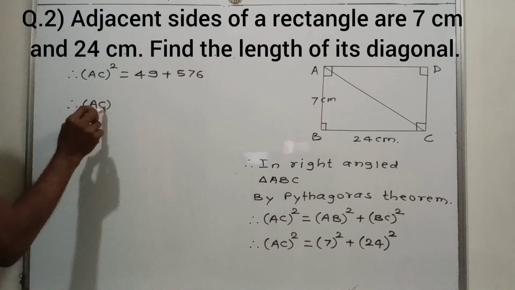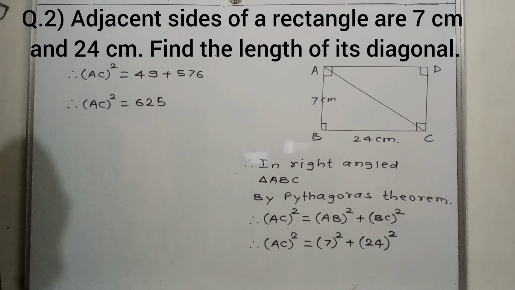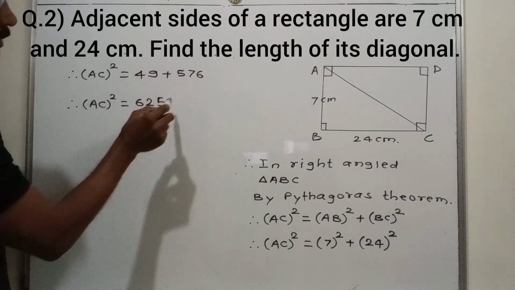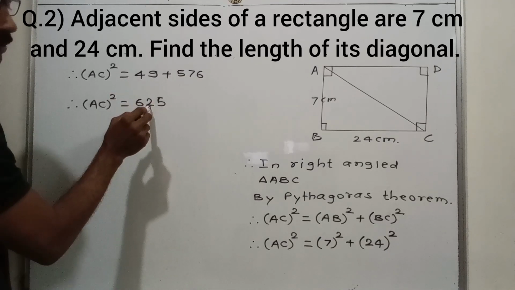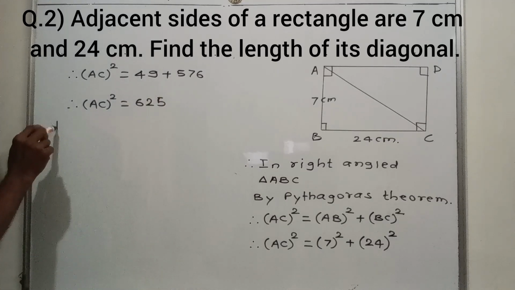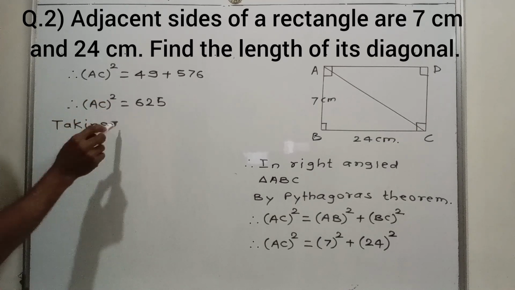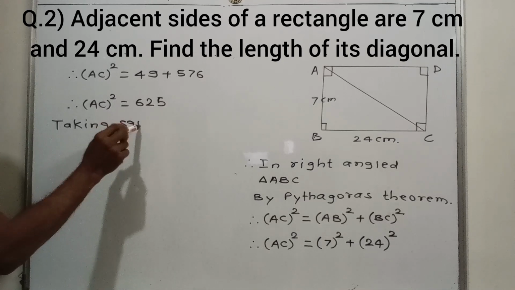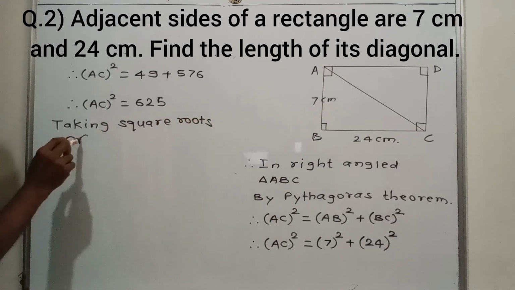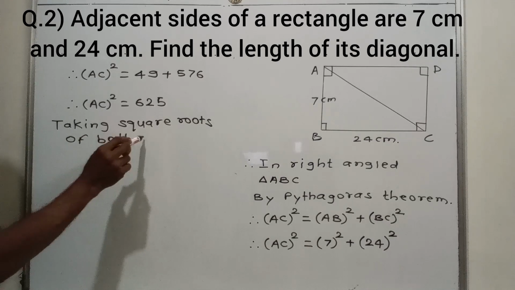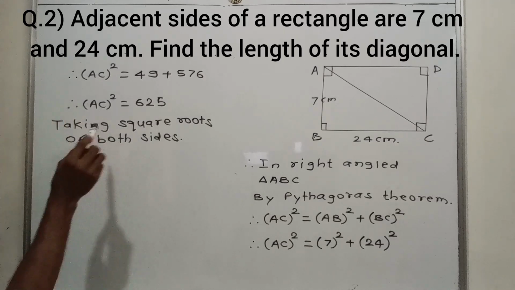Therefore, AC square is equal to addition of these two, 625. Taking square roots of both the sides.